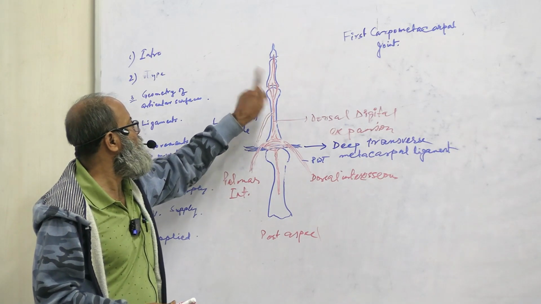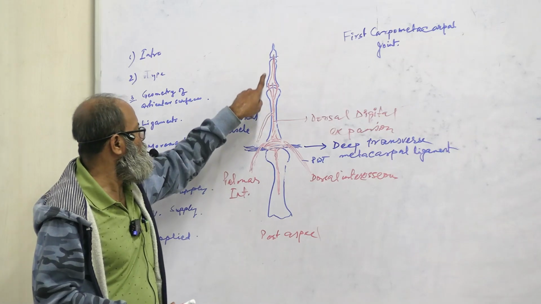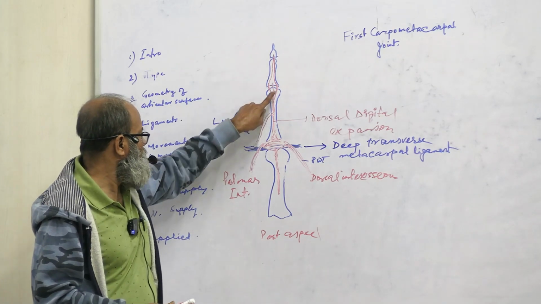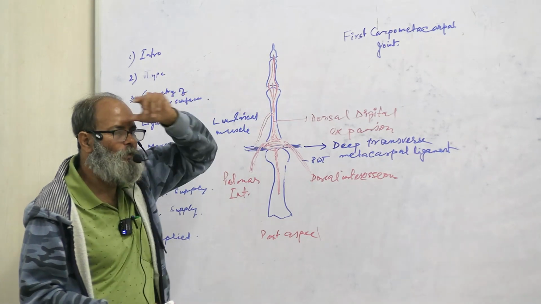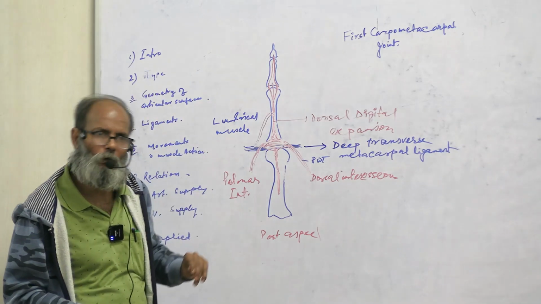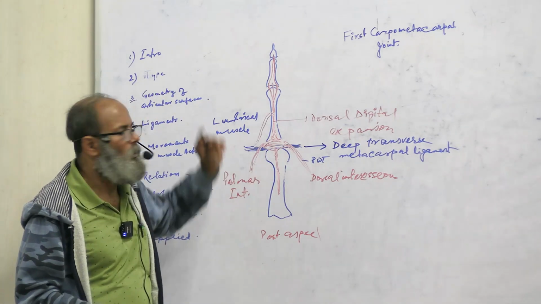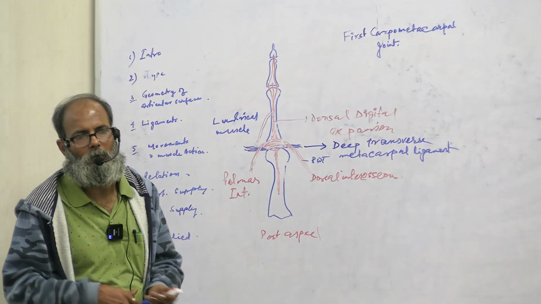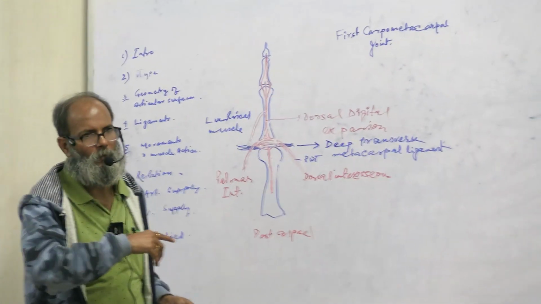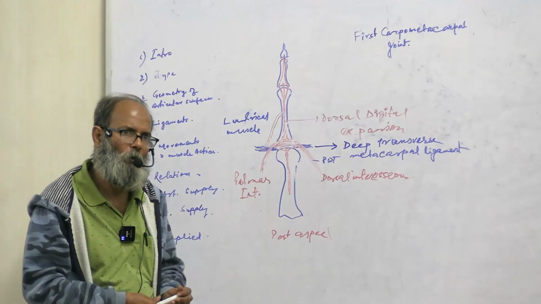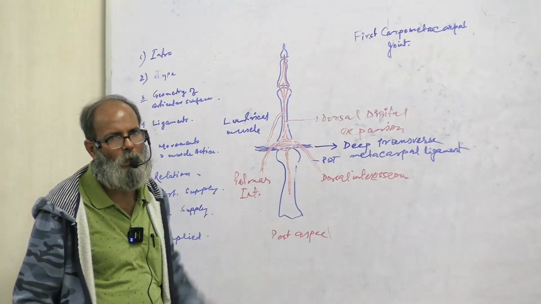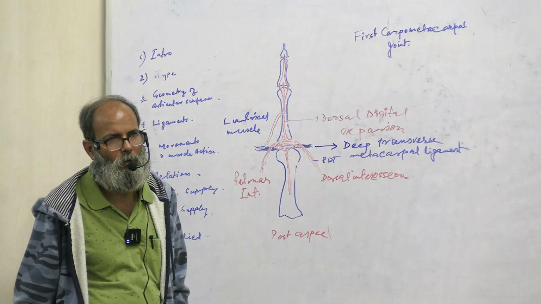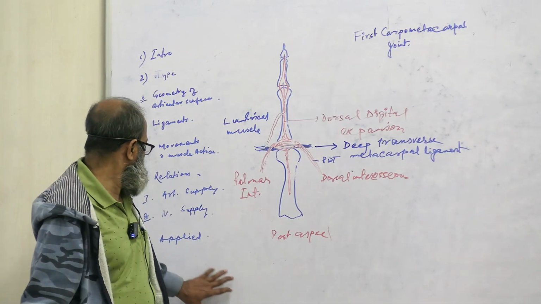One joins at the base of the distal phalanx, and the others go to the base of the middle phalanx. This is the structure of the extensor tendon, and how the dorsal digital expansion is formed.